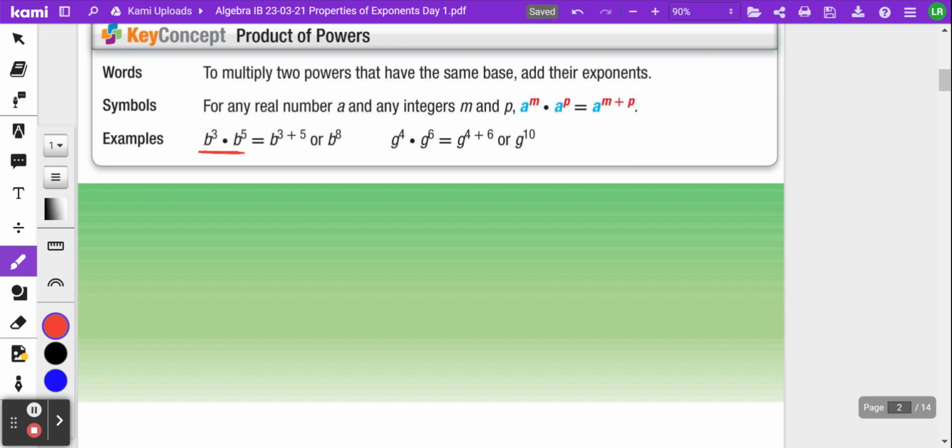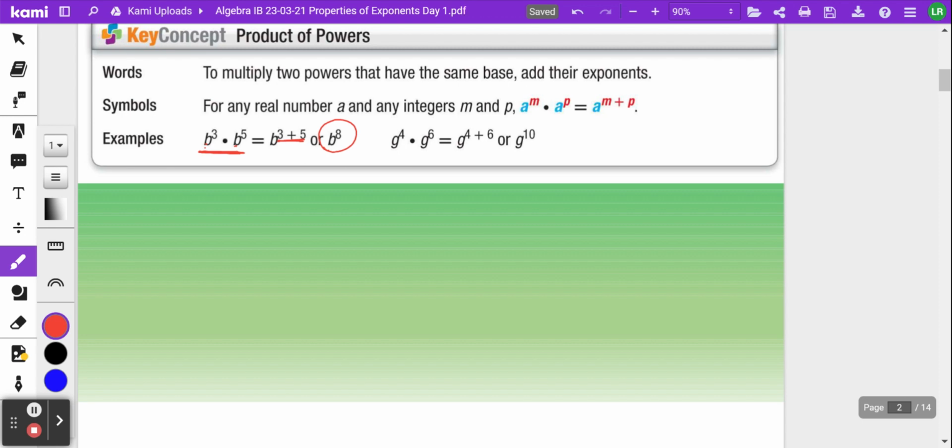The b is a base value, and the 3 is an exponent. If you have the same bases, they're both b's being multiplied, there is a shortcut. If the b's are being multiplied, you are allowed to add their exponents. So then this would end up being b to the 8th power.